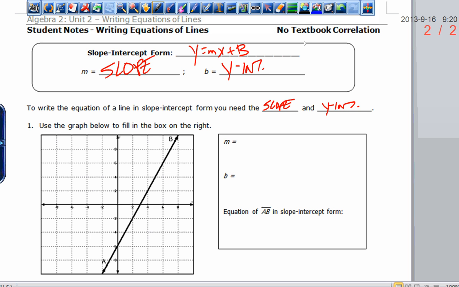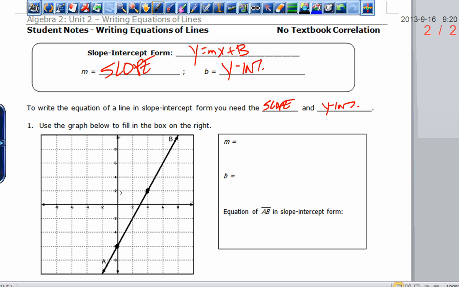Okay, we have number 1 here. We got a line. How am I going to find the slope there? Find pretty points, where the line crosses the grid corners, and then here as well. So I'm going to go up, how many?